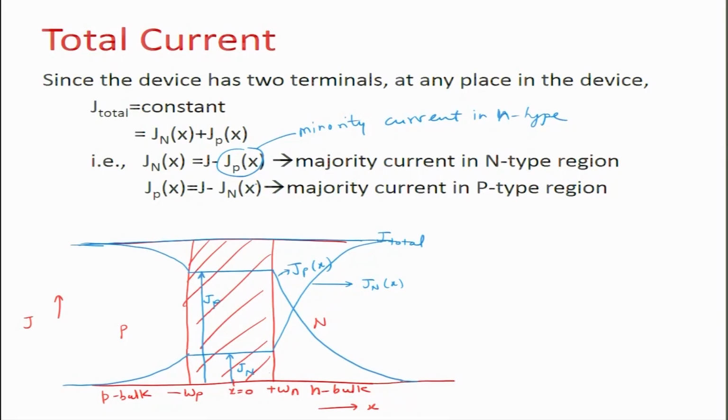Similarly this will become the minority current in the P type. So basically we are looking at, this would be for the region which is X greater than Wn, and this would be for the region which is X greater than or equal to minus Wp, right.